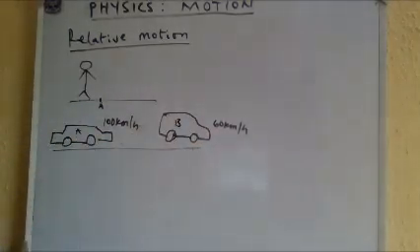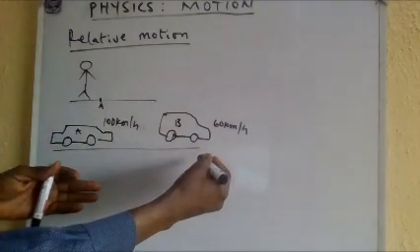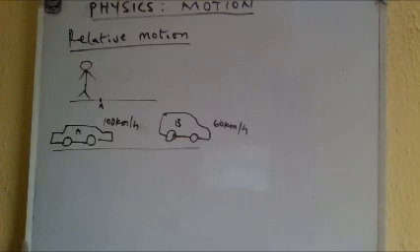So there's always a reference, and we assume there is a point of rest, or other bodies at rest. Every measurement must be made with respect to such a point or frame of reference.